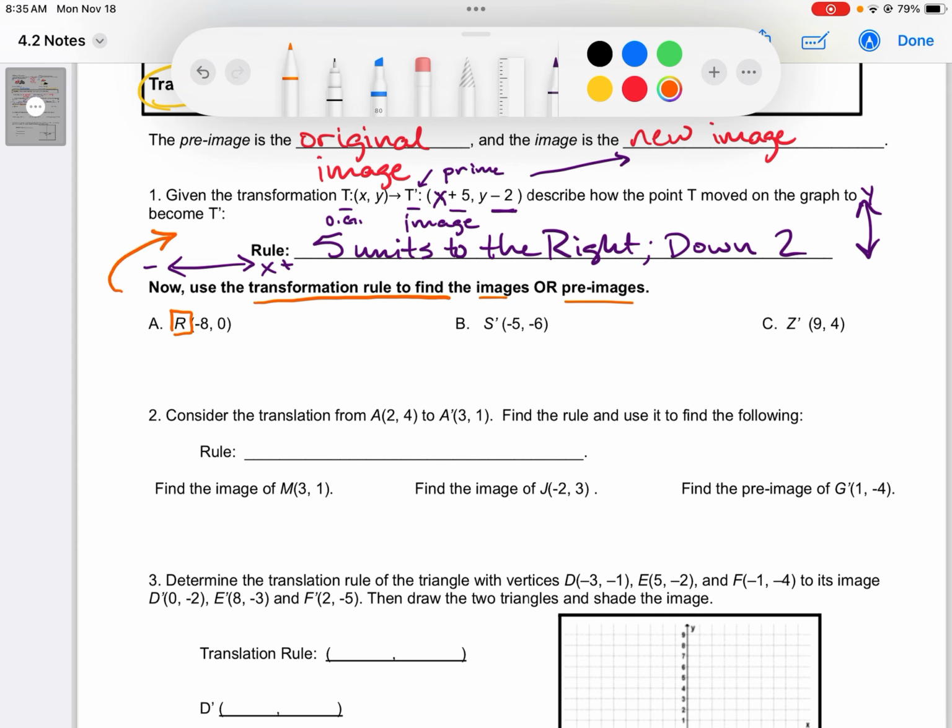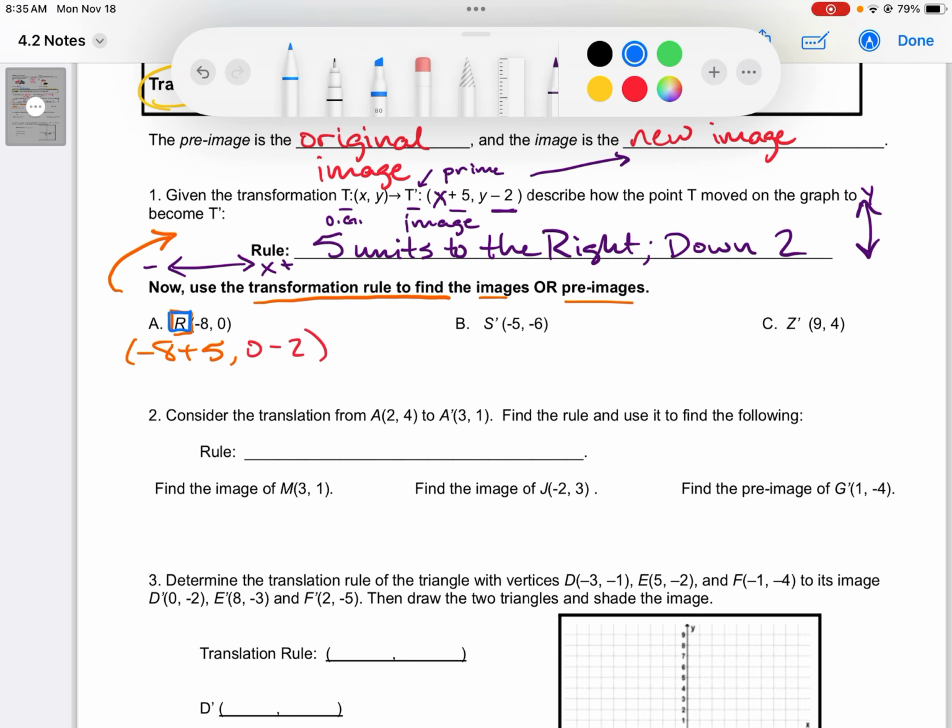And when it says apply these transformation rules, we're applying these rules from part 1, question number 1. So that means for our X value, we're going to add 5 to it. And for our y value, we're going to take 2 away from it.